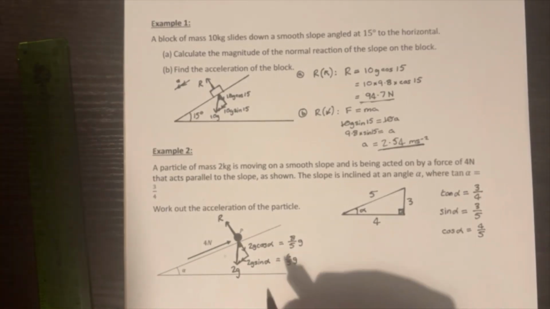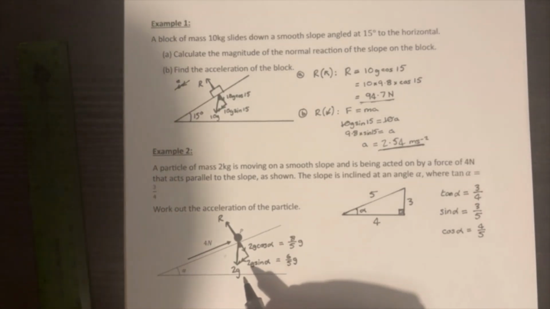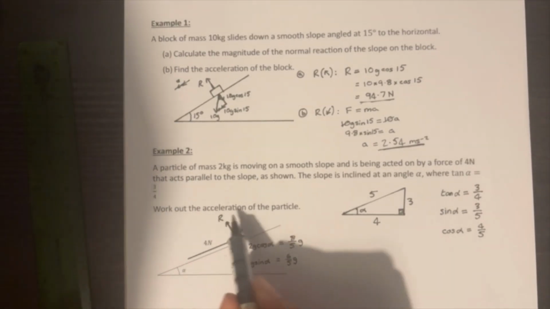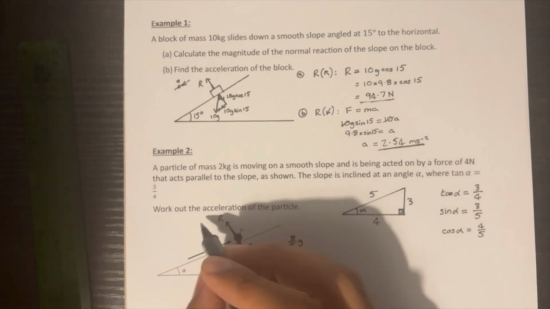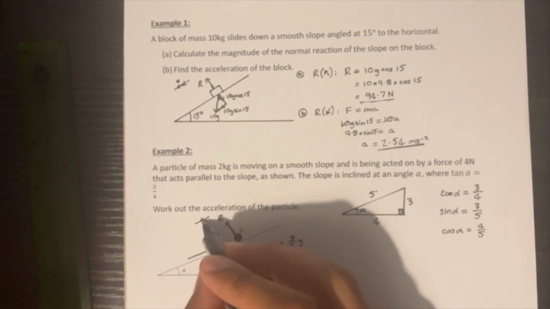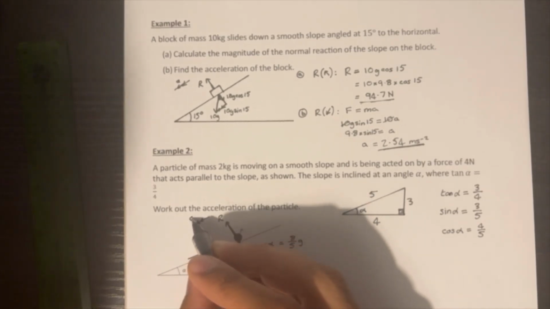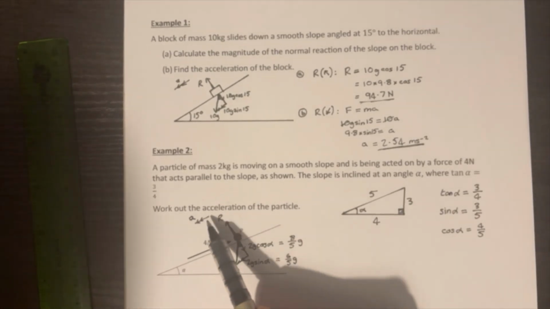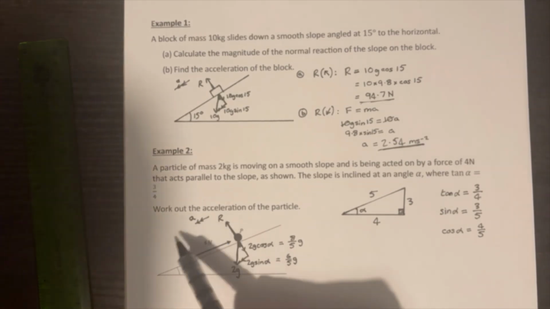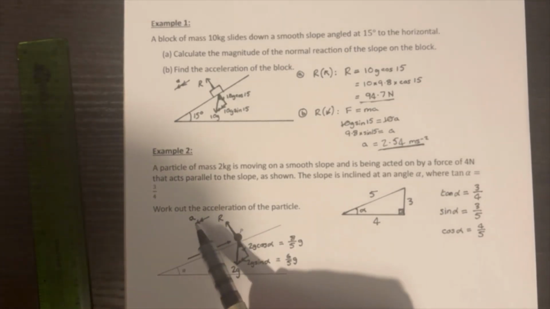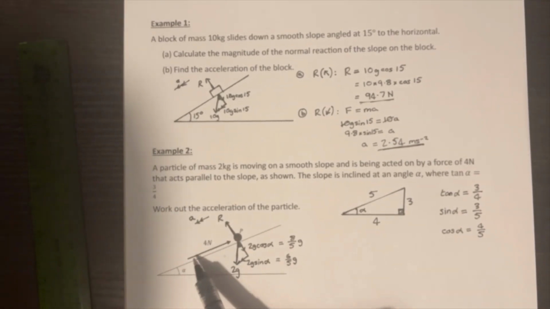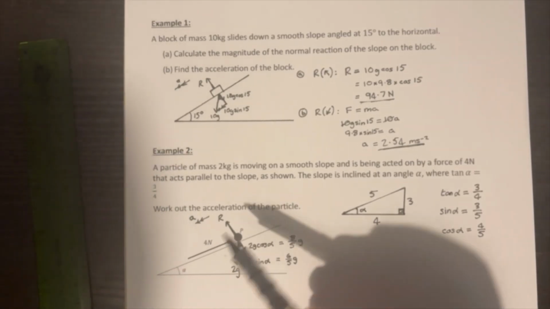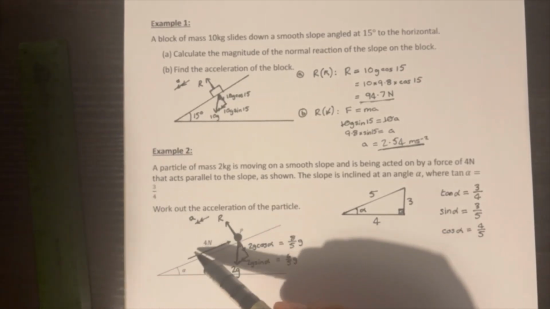So now, we're trying to find the acceleration of the particle. I'm going to assume, and this is an assumption I'm making, that the acceleration is happening in this direction. We don't know that for certain because we've got a force pushing our particle up the slope and gravity is acting on it to push it down.